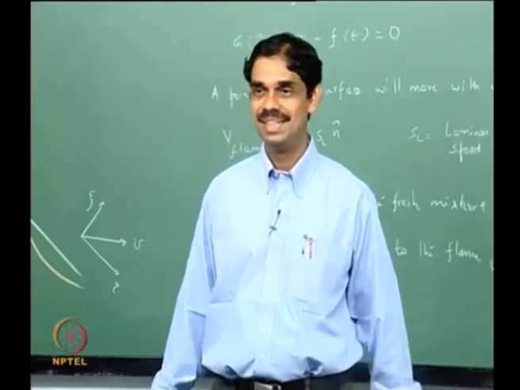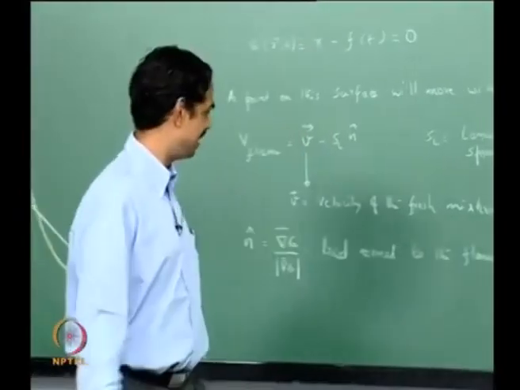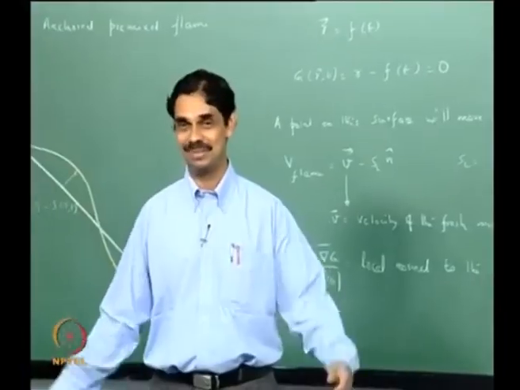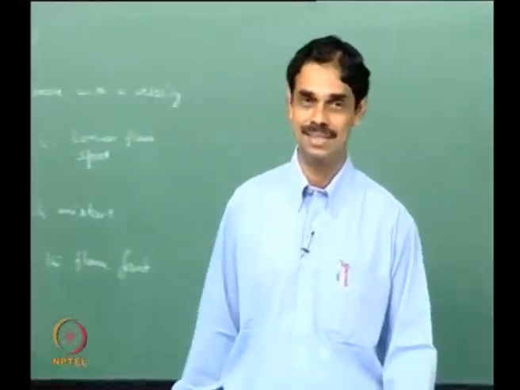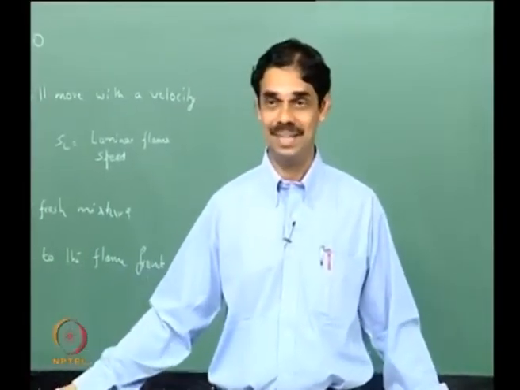He has stumped me, but I am a theoretician at this moment, so I can put SL varying, and then I will get a more difficult problem. So I assume SL to be constant, and I will say that the wrinkling is small. So it is just an assumption that SL is constant. The equation is right, but SL may not be a constant.